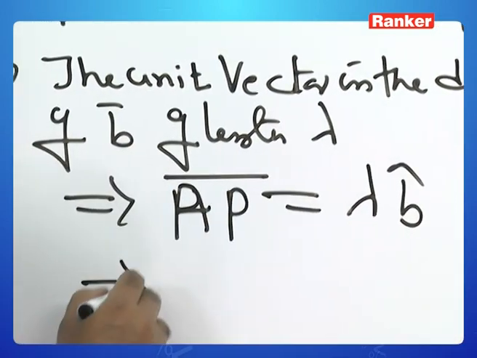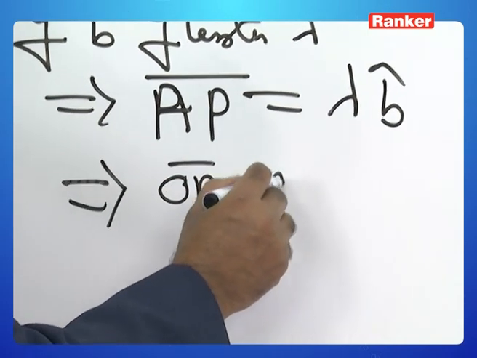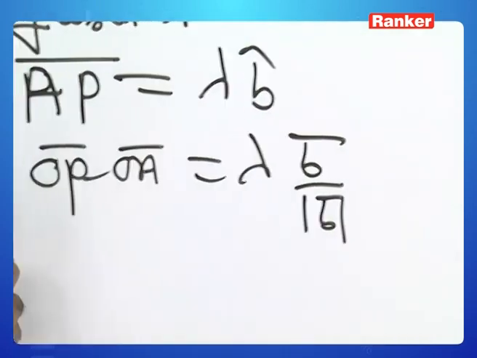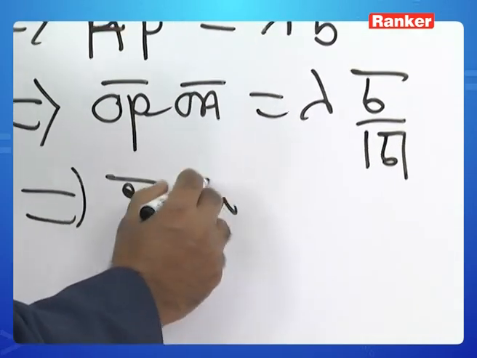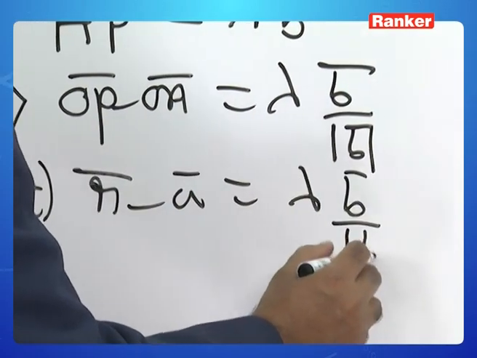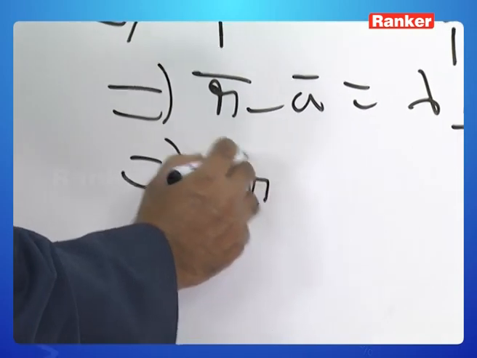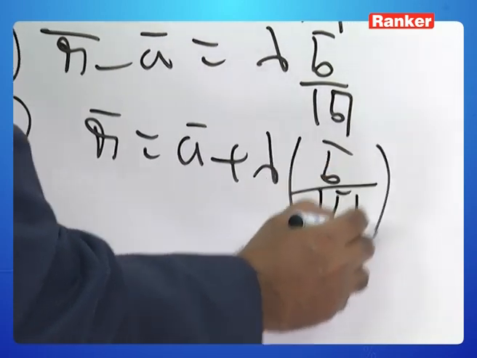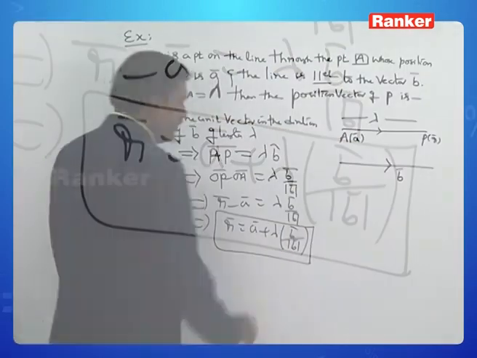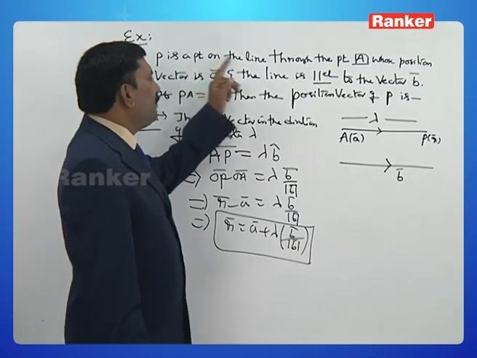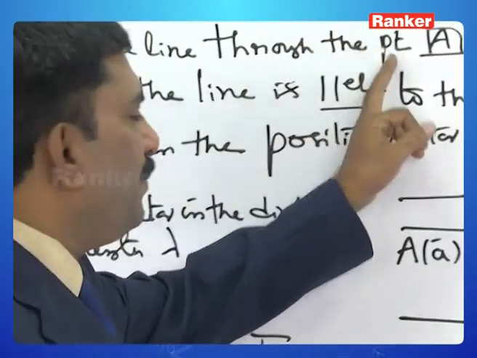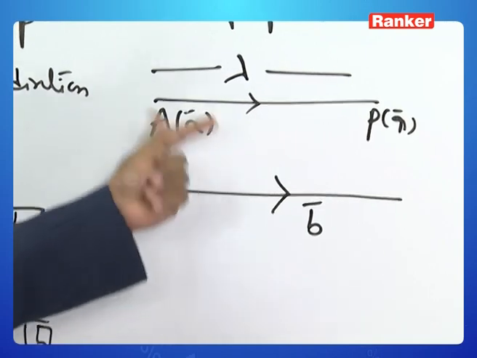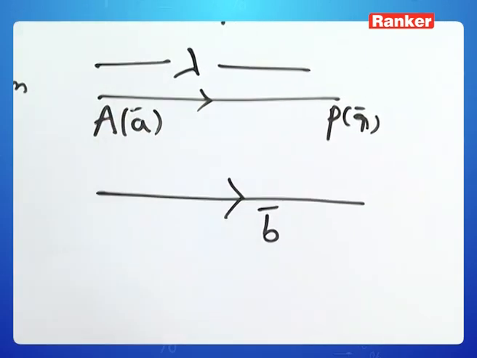Now I can write OP minus OA equals lambda into b bar by modulus of b bar, which implies r bar minus a bar equals lambda into b bar by modulus of b bar. Therefore r bar equals a bar plus lambda into b bar by modulus of b bar. This is nothing but: P is a point on the line passing through the point A, whose position vector is a bar, and the line AP is parallel to b bar.